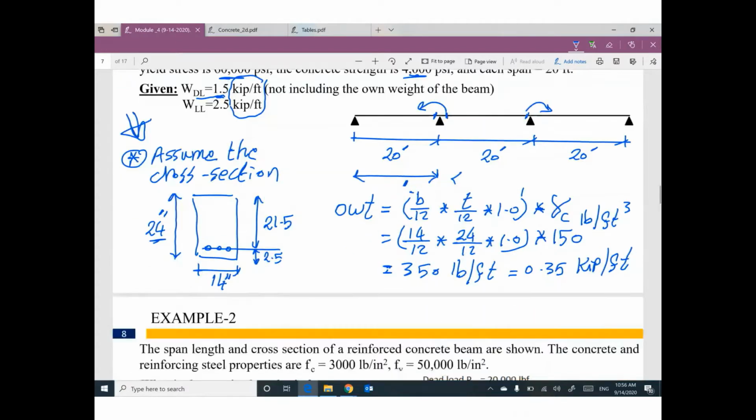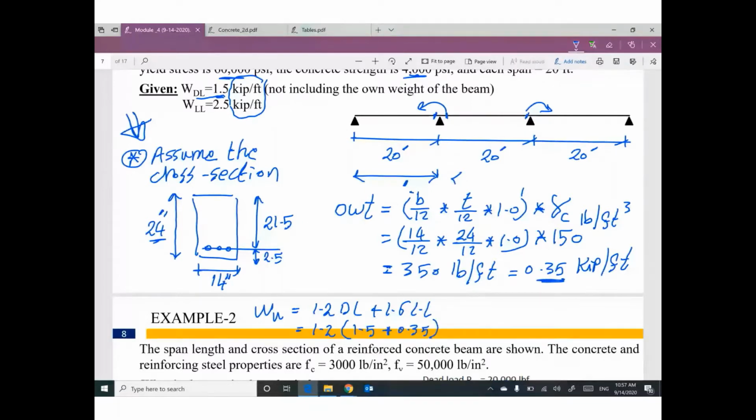So your W ultimate equals 1.2 dead load plus 1.6 live load. We need to take a factor of safety. Do you remember? We increase dead load by 20% and live load by 60%. So 1.2 times the dead loads: we were given 1.5, and we calculated own weight 0.35, nothing else.